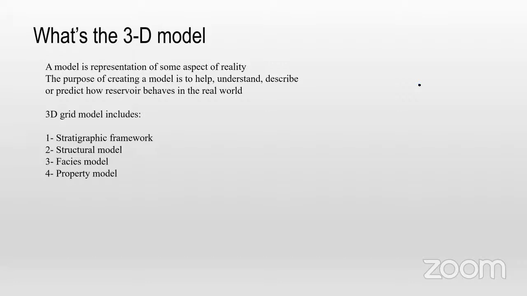And right now we want to create a 3D model. We want to distribute the properties after that with those 3D models. And what are the steps for creating a 3D model?